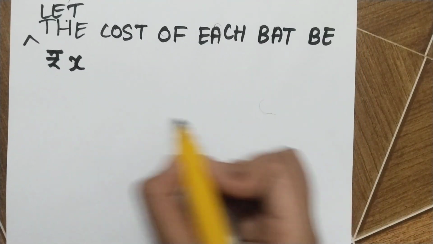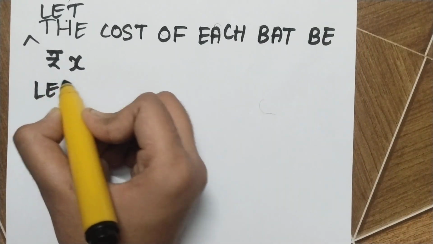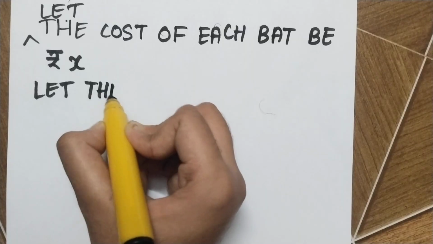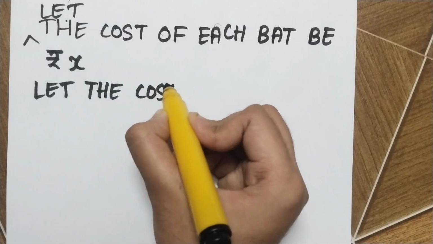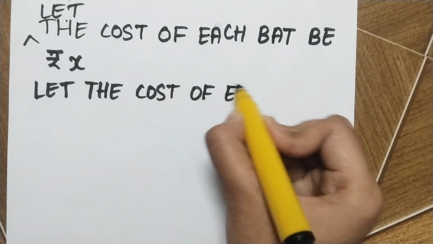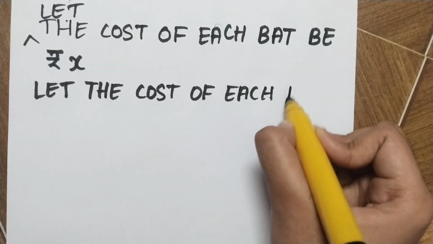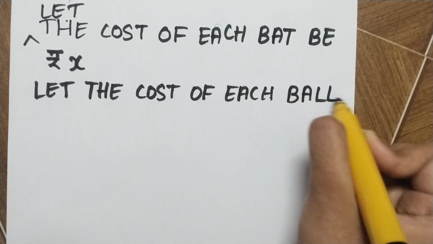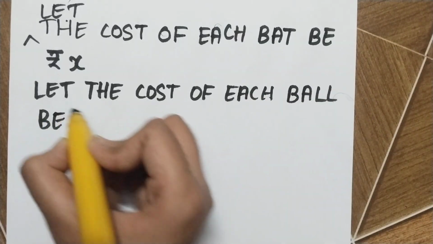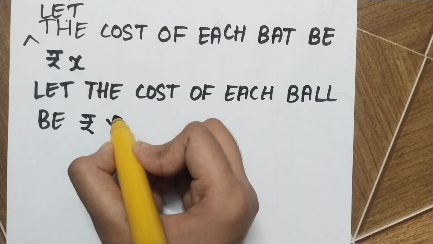Okay, it should be rupees x. So next, let the cost of each ball be rupees y.